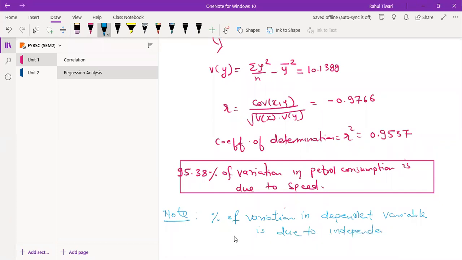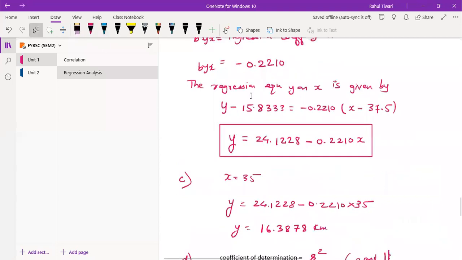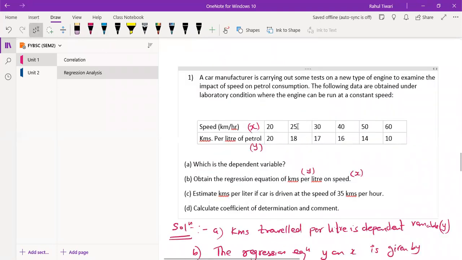I don't know whether you understood or not, but in this way only we have to understand. What I am saying is, my data is speed and kilometer per liter of petrol, 95% of variation in the dependent variable is due to the speed. Understand?